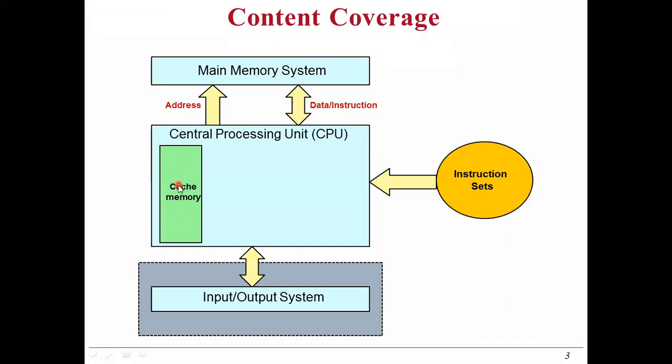No need to go to the main memory. Suppose the instructions are not found in the cache memory, then only we go to the main memory and retrieve whatever data we require. That data and the instructions will be taken by the processor and execution will be done here.